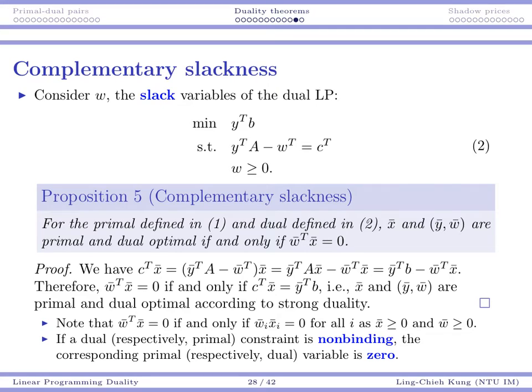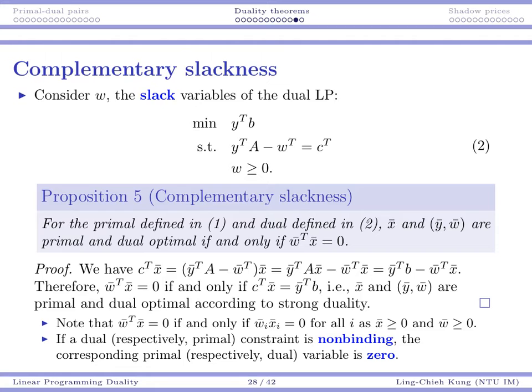Our last property about primal dual pair is called complementary slackness. So let's introduce the idea. Suppose I have a dual program, which is minimize Y transpose B subject to Y transpose A less than or equal to C transpose.